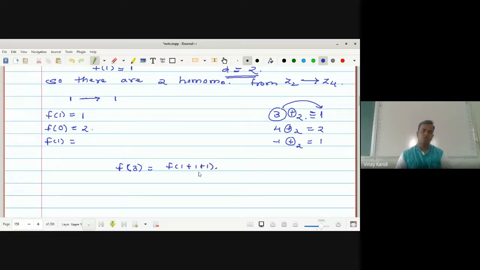Since f is a homomorphism, that means f of 1 plus f of 1 plus f of 1, that is 1 plus 1 plus 1, which is equal to 3. So here 3 is equivalent to 1 under addition modulo 2. So f of 1 again is 3.